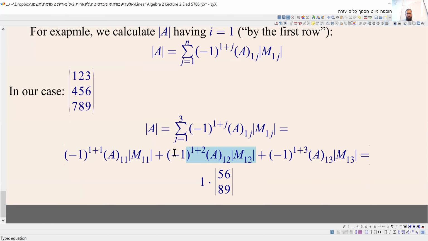Secondly, -1 to the power of 3 is minus. A12 is 2. And we multiply it by the determinant of the minor, which we get from A by deleting the first row and second column. It is 4, 6, 7, 9.